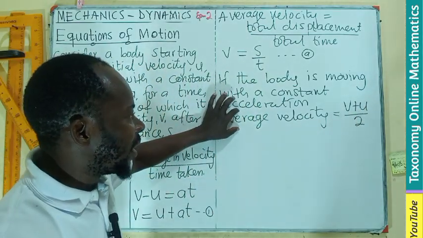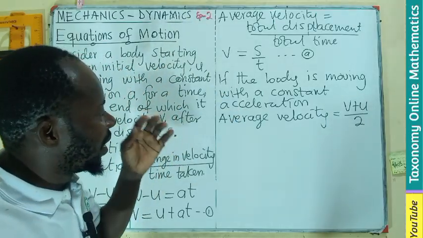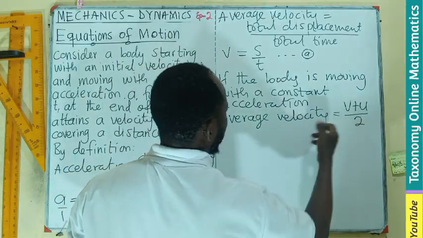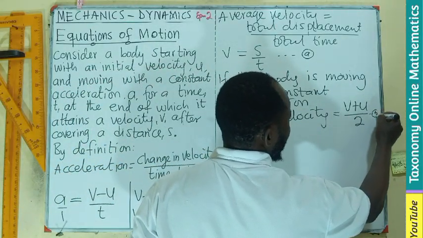So this is the average velocity. This is also average velocity. So we can easily equate them. Let's say this is our equation B.